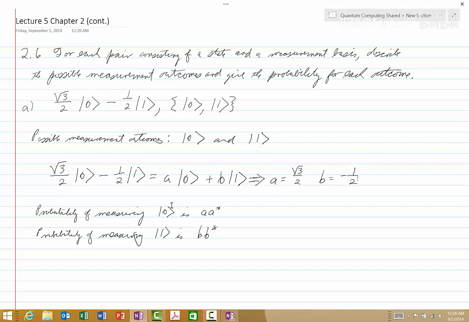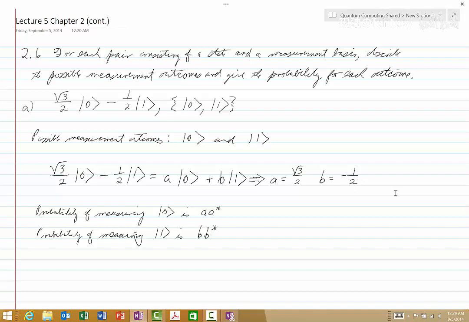And likewise, if we take the inner product of both sides of this equation with 1, this will disappear, and this will disappear. The inner product of 1 with 1 will be 1 here as well. And so we get minus 1/2 is equal to B.